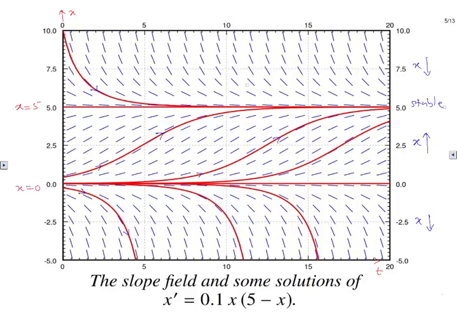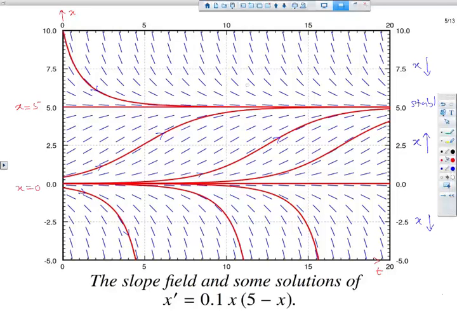And then we can draw, as we did before, the phase diagram for this one. You can see in the phase diagram it's very clear. If you start with more than 5, it's going to go down. If you start with between 0 and 5, it's going to go up. If you start with below 0, it's going to go down.